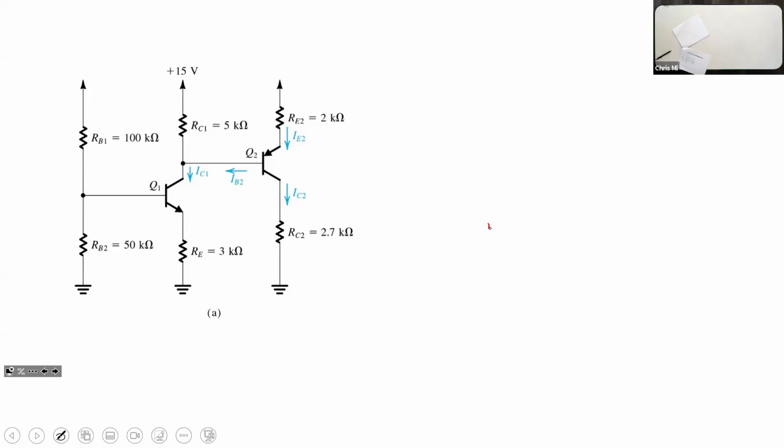Of course, this is very important. The first step is to convert this into Thevenin's equivalent circuit. When we convert it, we got this.